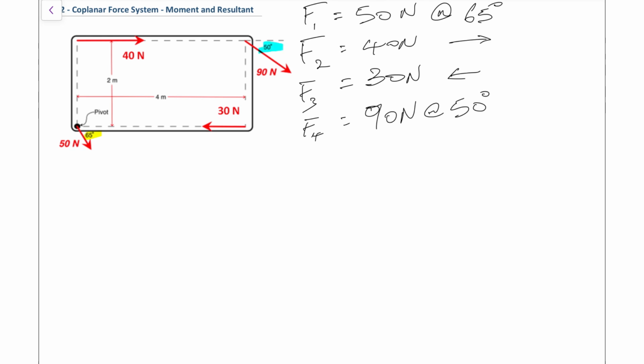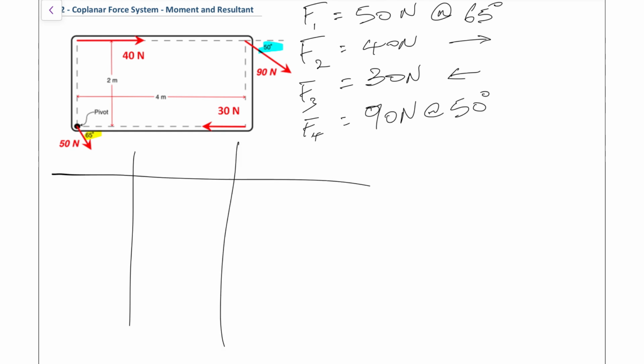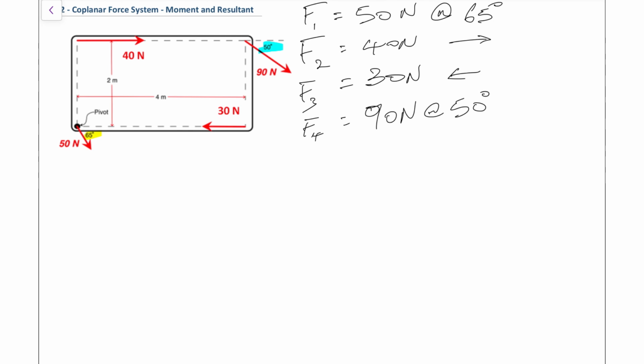So now for the main event, the calculations. I like to organize my calculations in a table, to give me maximum clarity and efficiency in seeing exactly where I'm at with my calculation. So it's just going to be a rough sketch of a table.